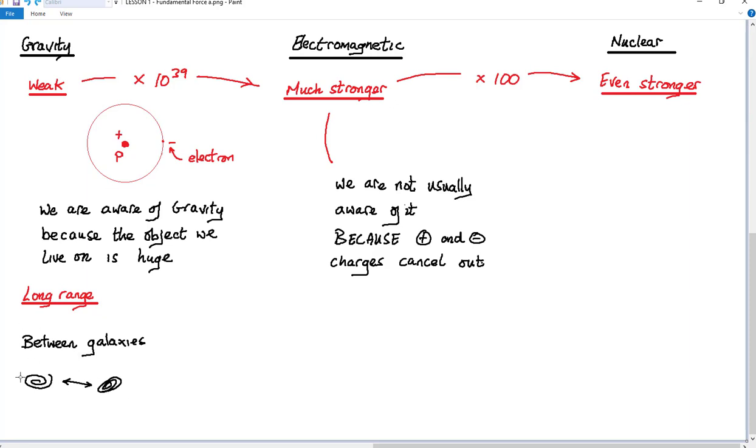So here we would be talking about a very long range force, whereas the electromagnetic force would be classed as a short range or shorter range force. In a similar way that the range of the gravitational force depends on the mass of the object that's generating the gravitational field, in magnetism the range of the magnetic force depends on the size of the magnet that's generating the magnetic field.